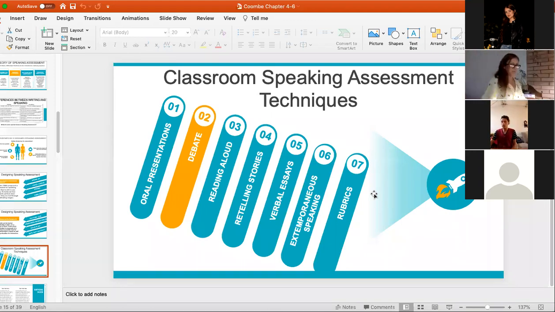And in the next part, which is the debate or a controversial topic, the students are in different positions, right? Against or in favor of a specific topic, and the topic of the debate is called the motion.